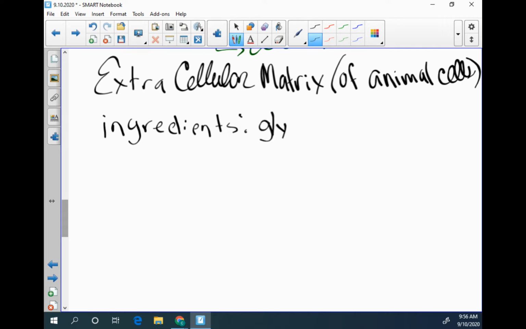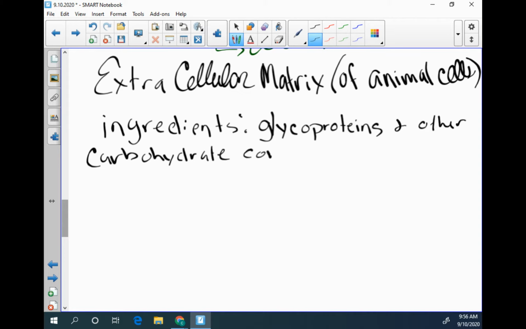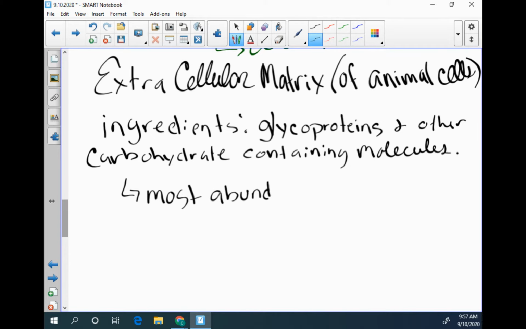Glycoproteins, and other carbohydrate containing molecules. The most abundant of them is collagen.